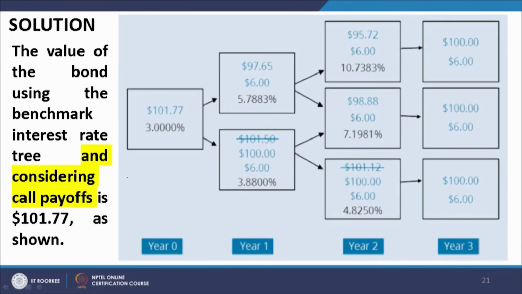And when we do this entire computation, as I explained a number of times, the value that we arrive at is 101.77. The only important feature is that wherever at any node the option becomes exercisable, we assume that the option is exercised and we adjust the cash flows at that node accordingly.